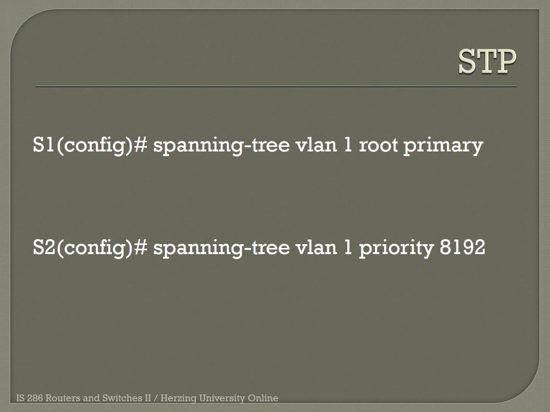This command will result in the priority value of the switch being set to a predefined value of 24576. Since this value is less than the default of 32768, the result is that the switch becomes the root bridge. Notice on the slide we are configuring the root bridge for VLAN 1.